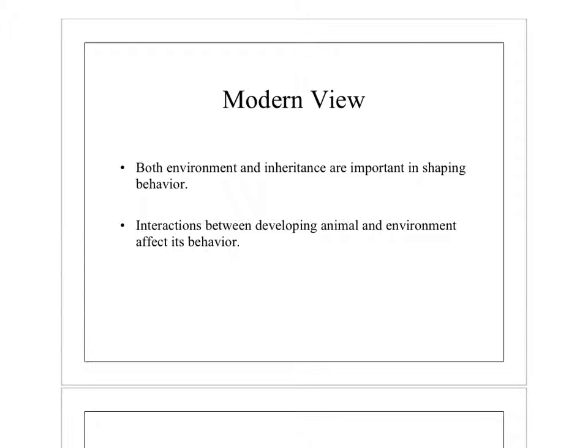Or let's say it's a big class with 100 people. Some people sit up close. Some people sit in the back. Some people sit next to other people who they're attracted to. There are all these kinds of things that affect habitat use in human beings.